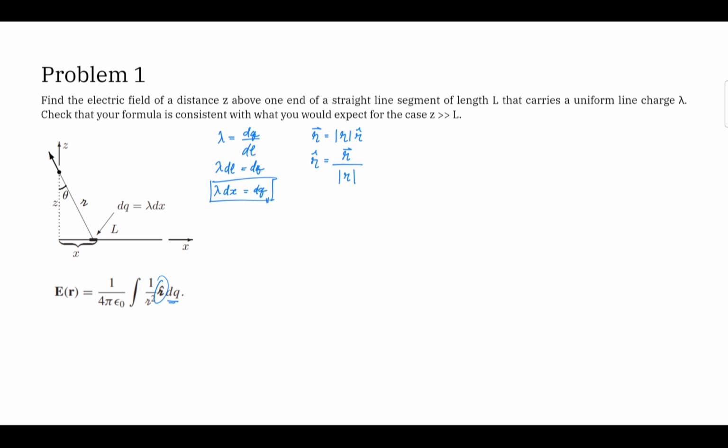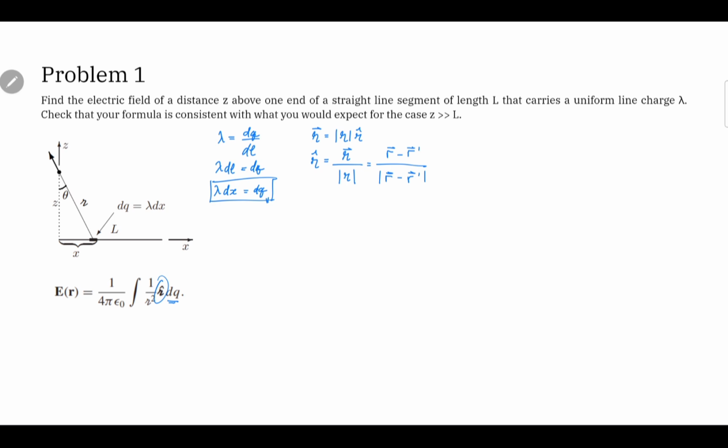And recall that in chapter 1 of Griffiths Electrodynamics, you can express your vector r as a difference of two vectors. So in this case, we could express r in terms of r minus r prime. These are still vectors, by the way, and divided by the magnitude of r minus r prime.